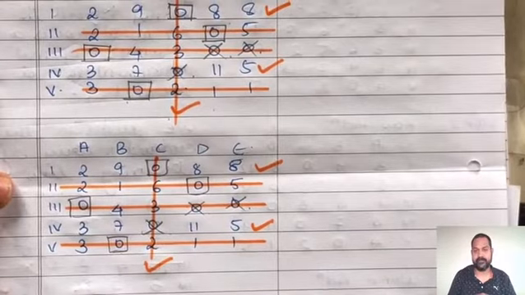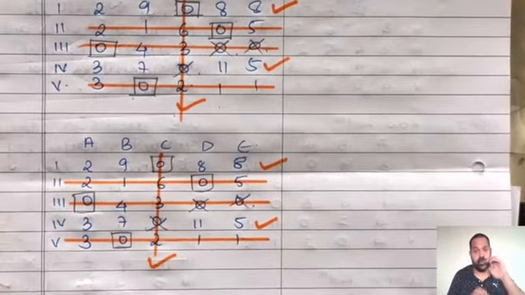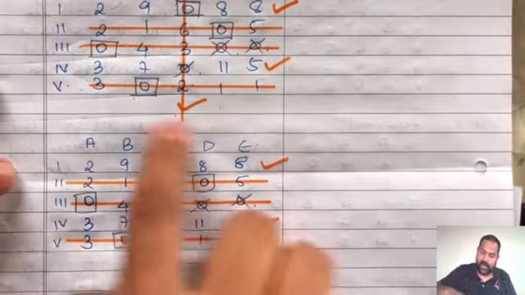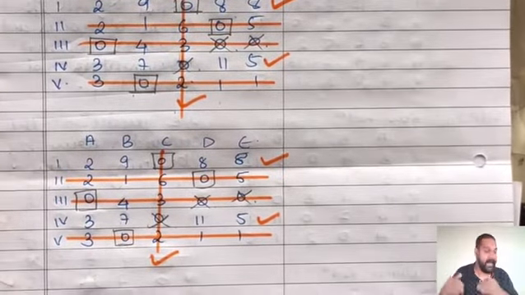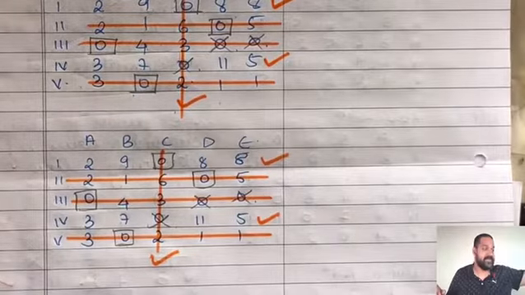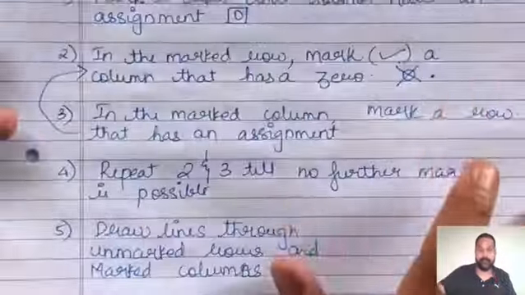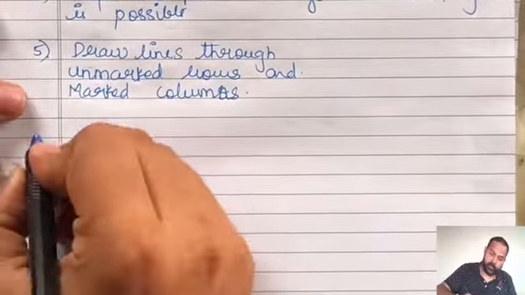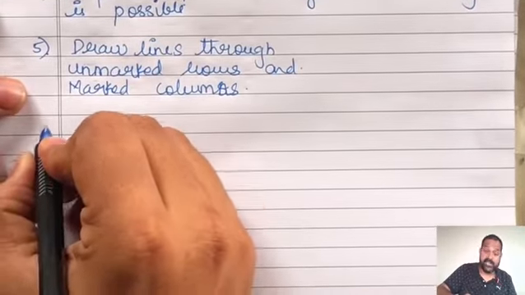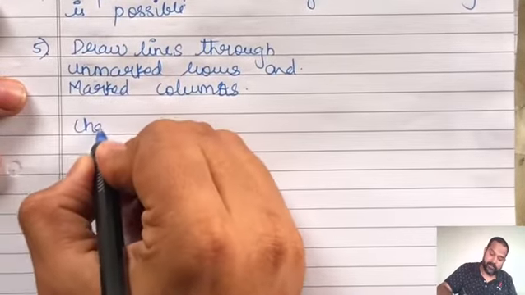That's it. So if you got only 4 assignments, in 4 lines, you should cover up all zeros. And now we move on to the next step, and that is making this matrix better. How? We are now moving on to the changing of the matrix.